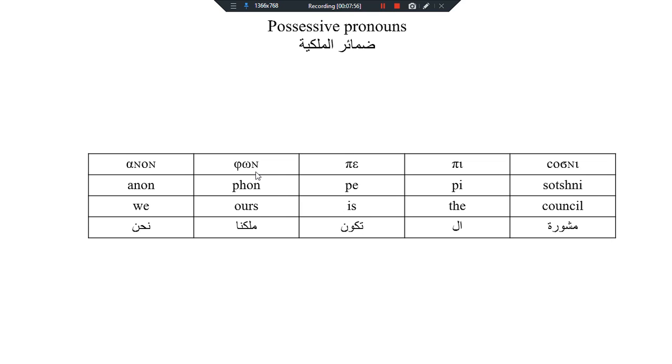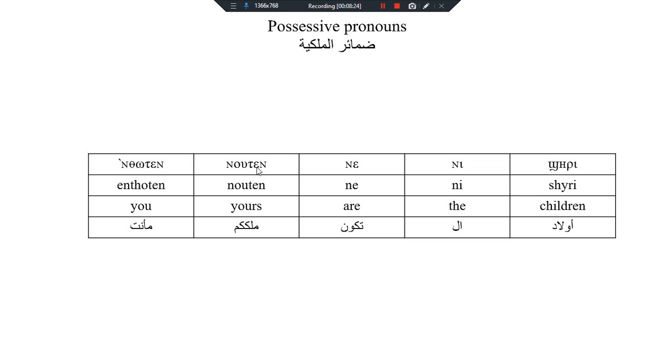When it has to do with ours, we say fon pe pisuteshni, ours is the council. Son te timitsave, ours is the wisdom. Non ne nishiri, ours are the children. Foten pe pisuteshni, yours is the council. Soten te timitsave, yours is the wisdom.